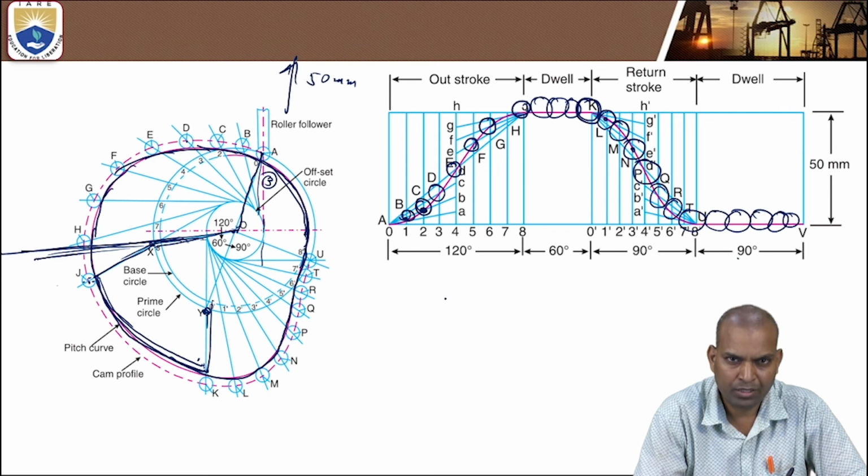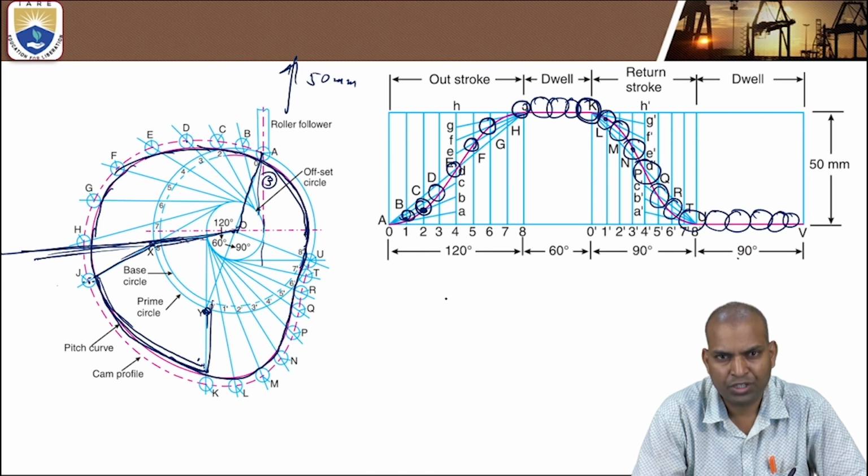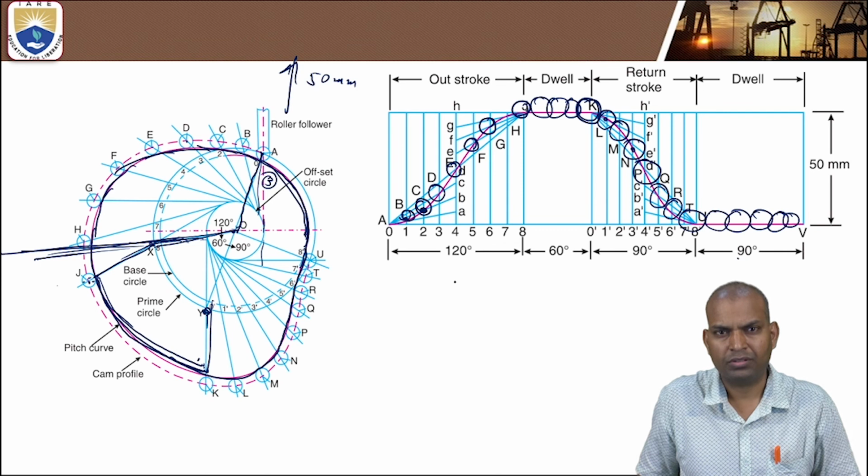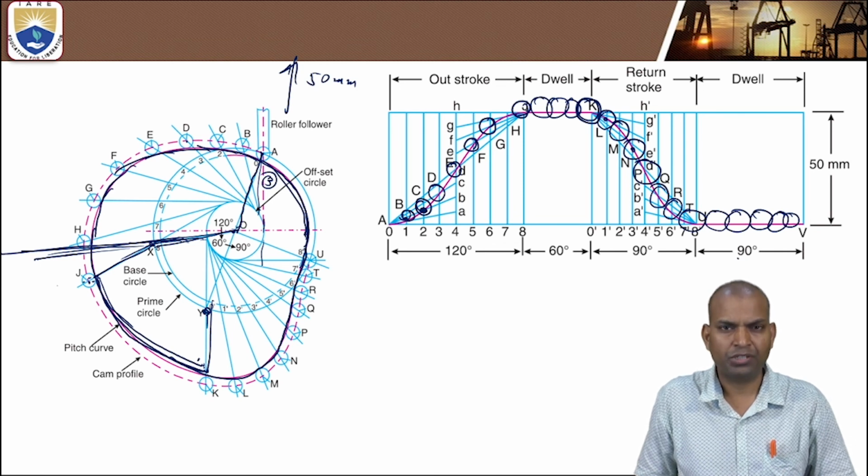So it depends upon the motion of the follower, the type of the follower, and the angles of rotation of the cam during dwell, outstroke, and return stroke. So these are the things.